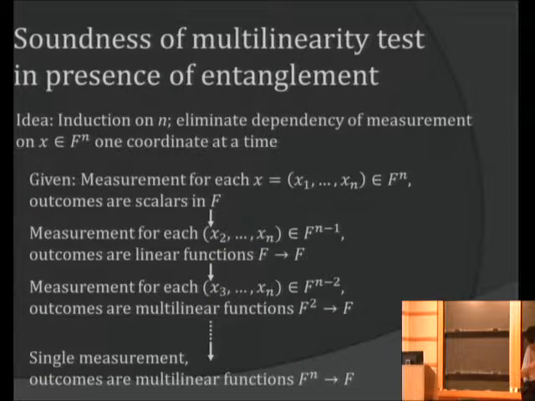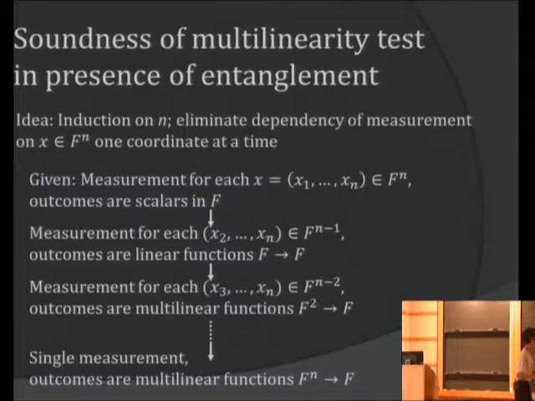Originally, each prover has some measurement for each point in F^n, and these measurements have a scalar as an outcome. Now we do one step of transformation and get a measurement which depends only on x2 to xn, so not x1, and the outcome is a linear or affine function which only depends on x1.